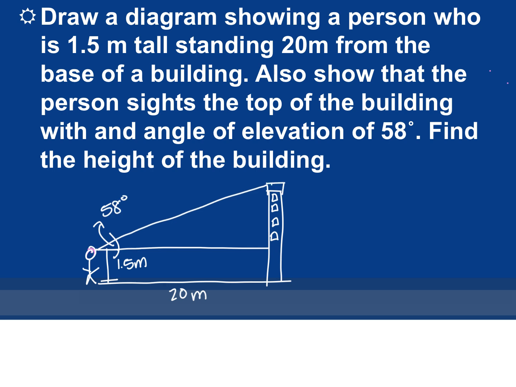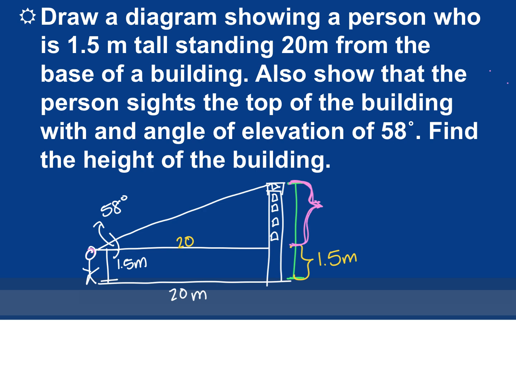Let's just say this is the top of my building. Find the height of the building. They're asking me to find this entire thing right here. And what do I know? I know that this is also 20 meters. And I know that at least up to here is 1.5 meters. Now I need to find the remaining height of my building.